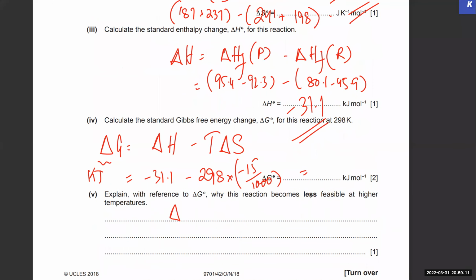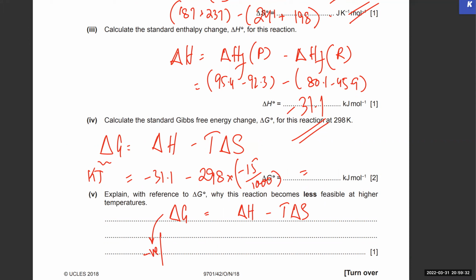Now delta G is the overall energy available to a system. If it's exo, if it's negative, that means the system releases energy and that's a feasible reaction. It doesn't need energy. So for feasibility, this should be negative, right?